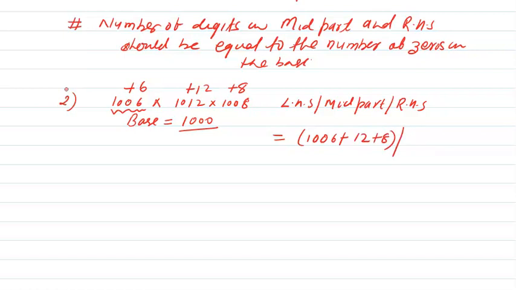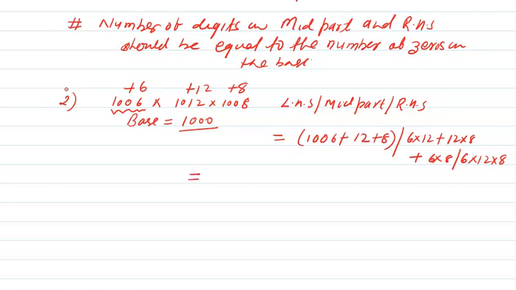How do you get the middle part? You multiply 6 into 12 plus 12 into 8 plus 6 into 8. And how do you get the right hand side part? You multiply this number, that is 6 into 12 into 8.